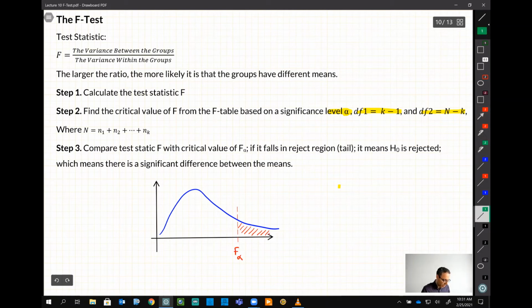Now either your F is here, or you are maybe in the tail here. If you are in the tail, then you reject H0; otherwise you accept H0. If you reject H0, then you would say there is a significant difference between the groups.